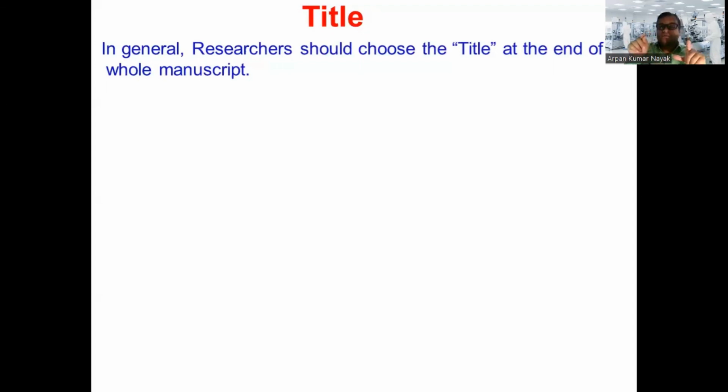So when they type the topic or the subject, some particular keywords, on Google Scholar or any particular journal site, what will happen? The list of journals, the list of research articles will come, and the titles will come based on the keywords the researchers typed.